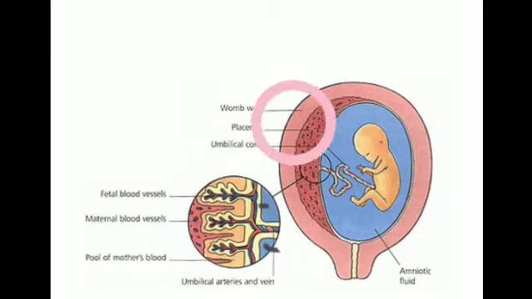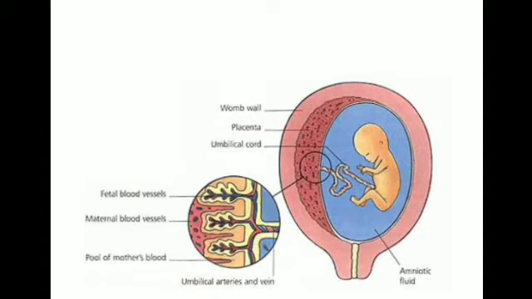This fluid acts as a cushion and protects the growing embryo. If something is cushioning anything, that means it is protecting it from any injury, any shocks and jerks. So this is how it keeps on developing inside this sac, and this sac-like membrane is known as the amnion.